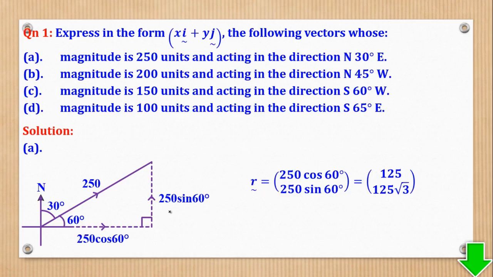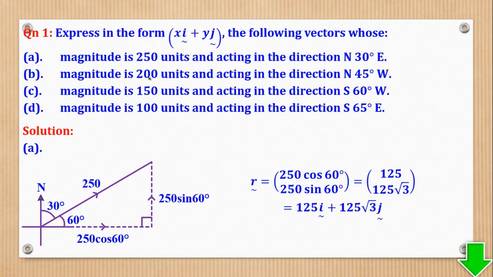So what I've done is called resolving a vector, because resolving means splitting a vector into two perpendicular components. So now this one is expressed in a column form, but the question wanted ij form. Therefore, we shall conclude and say r is 125i plus 125 root 3j.